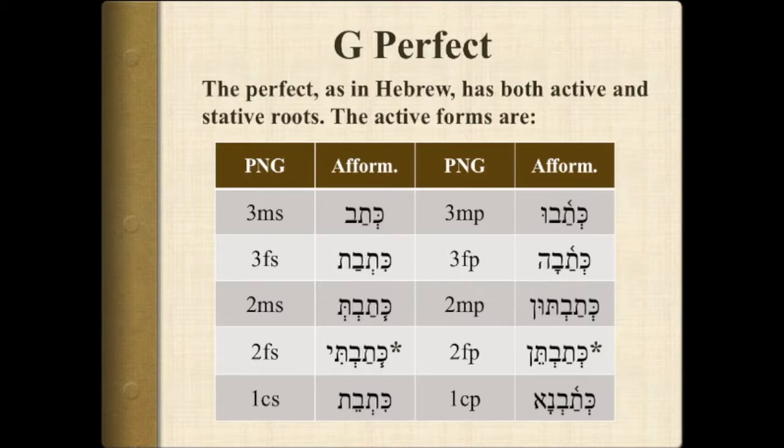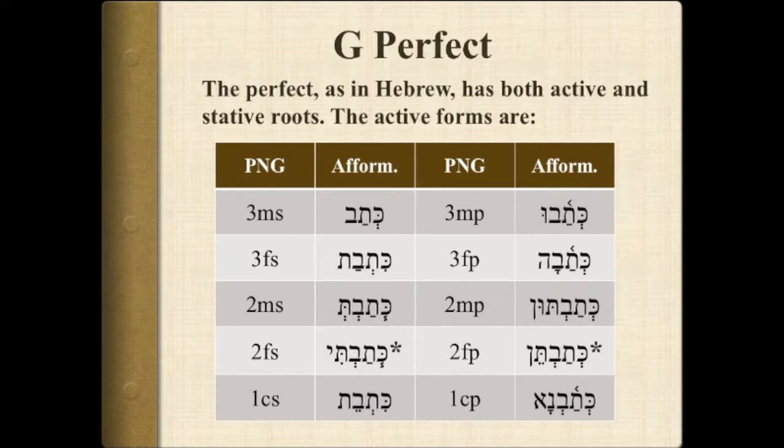The difference really is in some of the endings. Notice I have here in the chart a couple of forms that have an asterisk. This is because they do not actually occur in Biblical Aramaic. They do occur in other forms of Aramaic literature, but not in Biblical Aramaic.